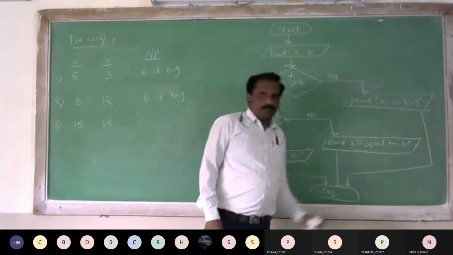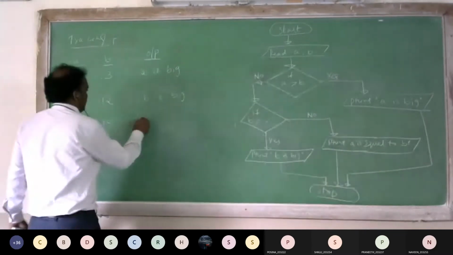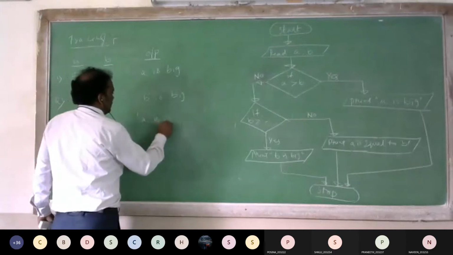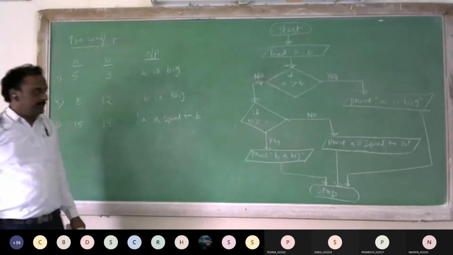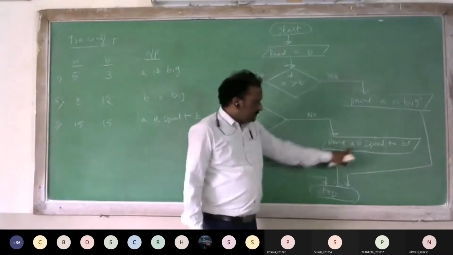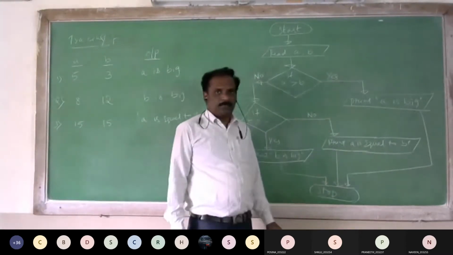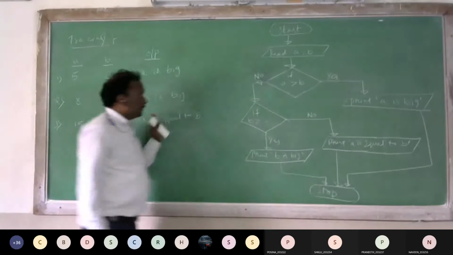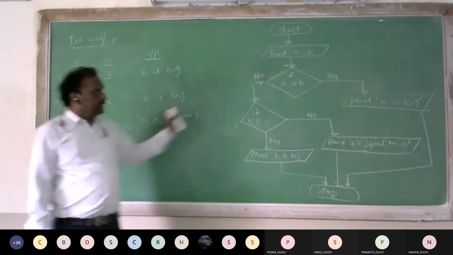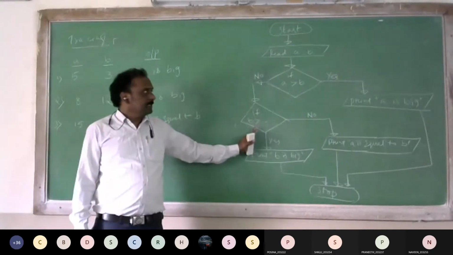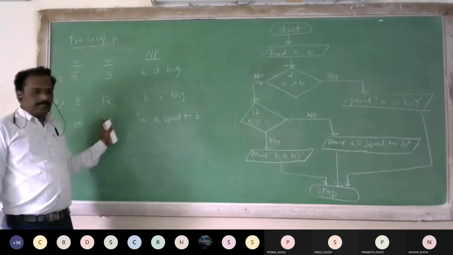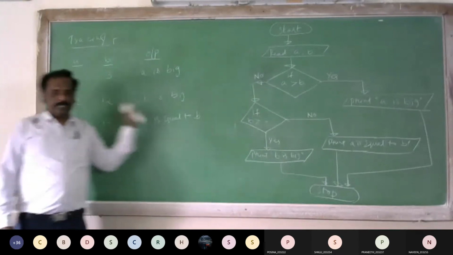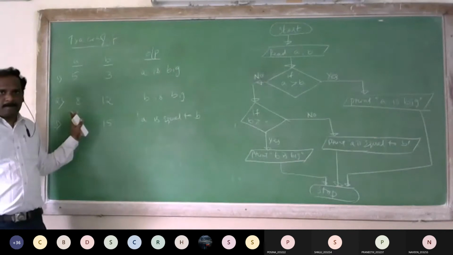Print A is equal to B. Now, after this, follow this arrow, stop. So, first we have written the algorithm. We have converted the algorithm into a diagrammatic representation by using some notation called a flowchart. This is the tracing, to check whether our algorithm or flowchart is working correctly or not.